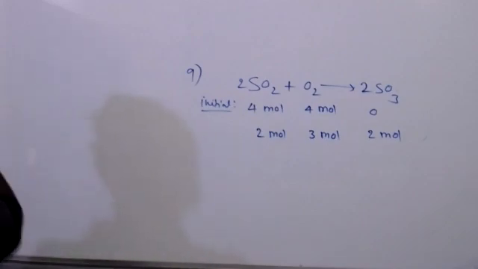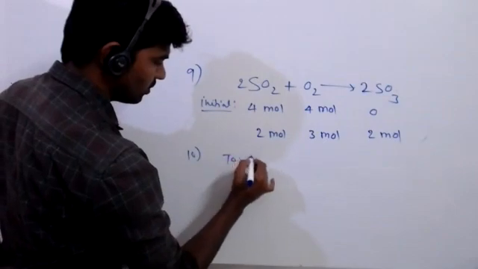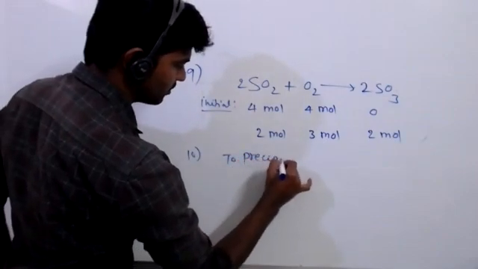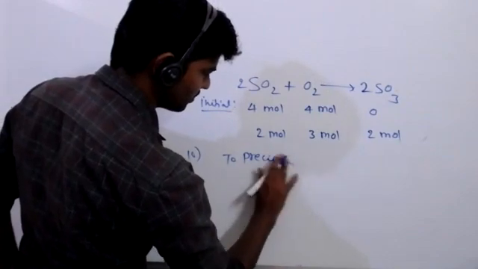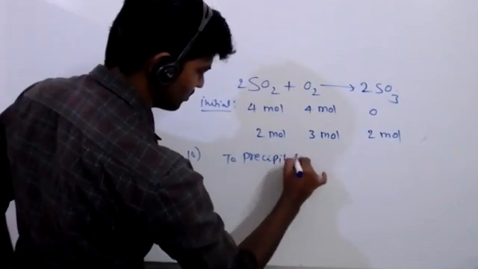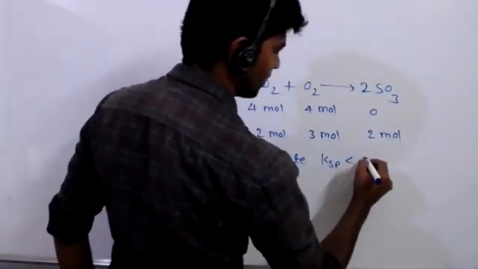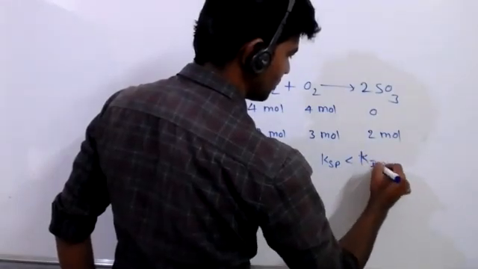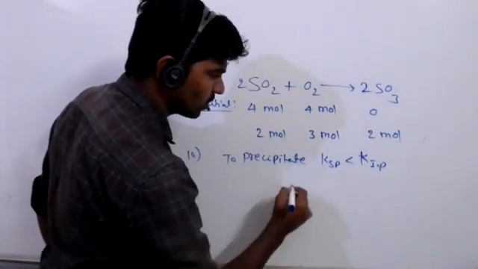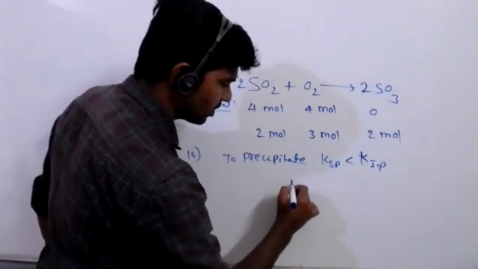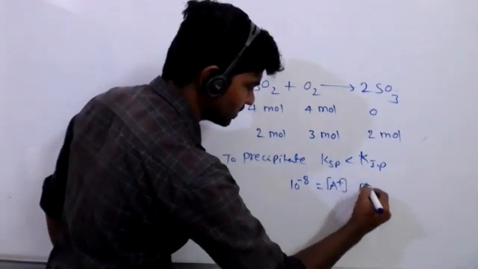So the condition to precipitate is that the solubility product must be less than the ionic product. If we equate them, we get a saturated solution. The solubility product 10 power minus 8 equals the A plus concentration times the B minus concentration.